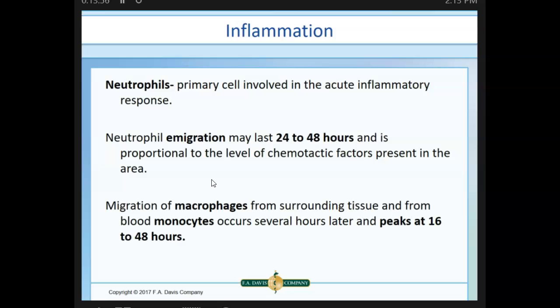So remember, chemotaxins are chemicals that draw phagocytes to an area. Migration of macrophages from surrounding tissues from blood monocytes. Remember, we call them monocytes in the peripheral blood, and monocytes in the tissue are called macrophages. The migration of macrophages to the tissues peaks at 16 to 48 hours.